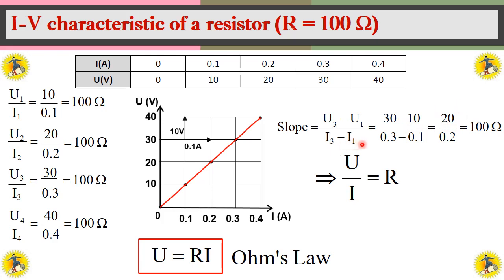I3 minus I1, we get 0.2. If we divide 20 over 0.2, we get 100. So U over I is equal to a constant K, and this ratio is equal to the resistance. So Ohm's law: U equals R times I.